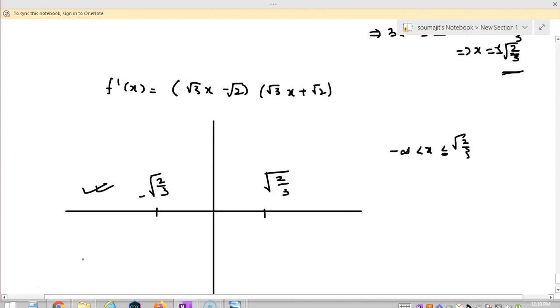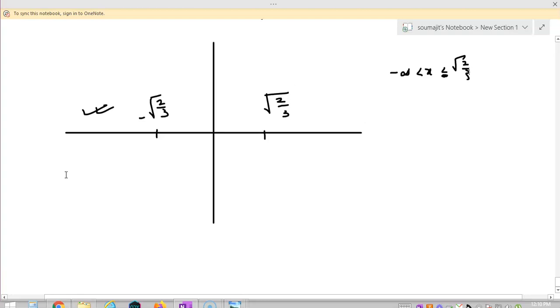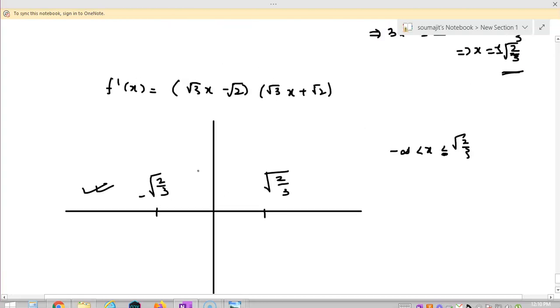So f(x) is an increasing function in this interval. Okay, if we choose x between these, f dash x is negative, so f(x) is a decreasing function in this interval. And if we choose x after this interval, f(x) is again an increasing function, right?